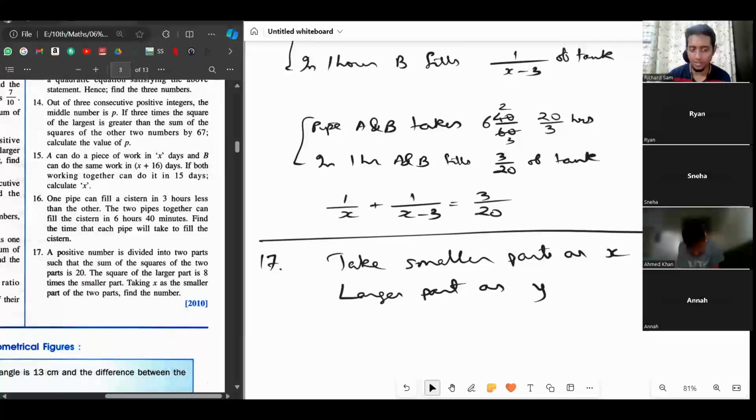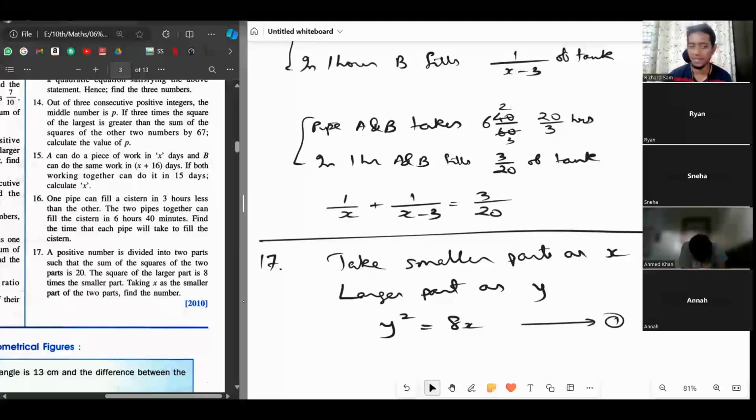So let's do the second equation first. The square of the larger part, which is the larger part? Y. So the square of the larger part, which means y square, is what? 8 times the smaller part. That means 8x. Okay, so we got an equation. Now coming back to the first statement: the positive number is divided into two parts such that the sum of the squares of the two parts is 20.